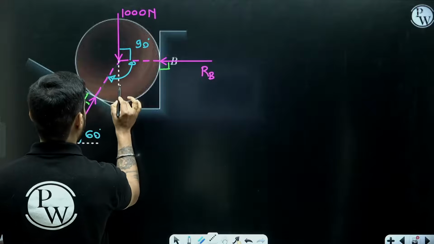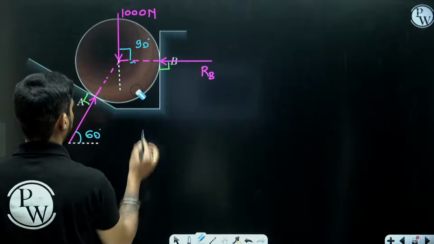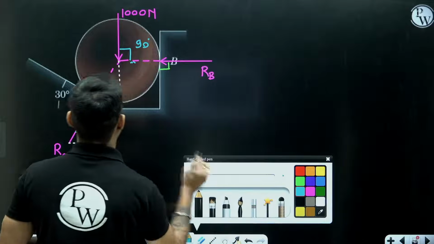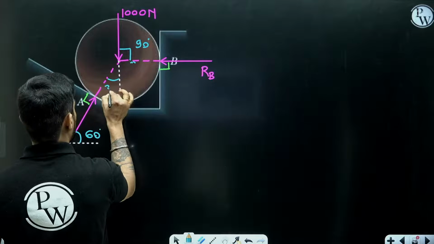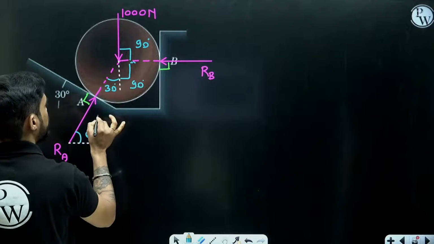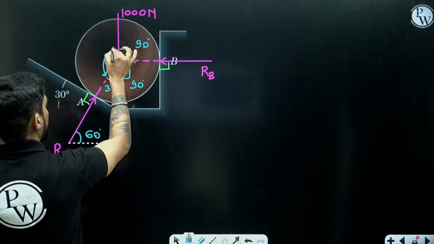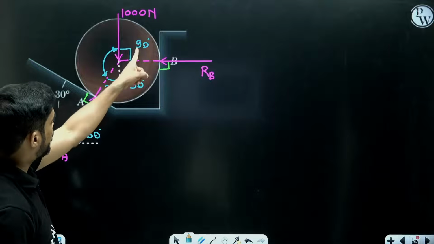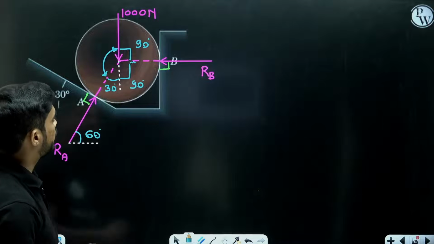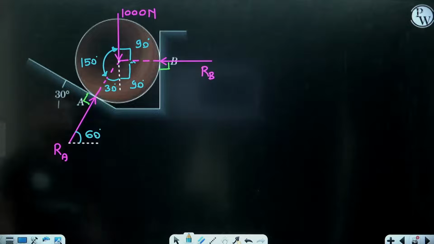Let me draw this and divide the angle into 2. This is 30 and this is 90, so the total angle is 120. Now what will be this angle? 90, 90, 180, 180 plus 30, 210. This will be 150.